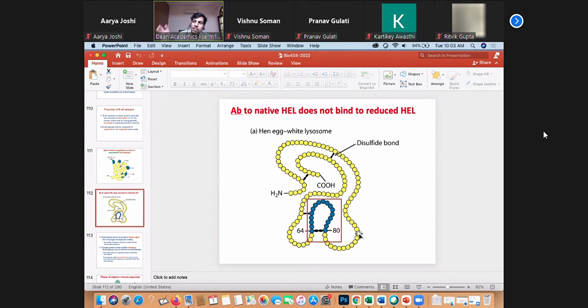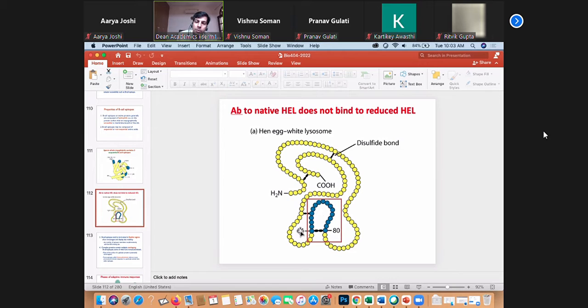That means these epitopes are not in a linear sequence, because with disulfide bond breakage you actually create a linear structure, and on that linear structure you don't bind the antibodies that were specific to the folded protein.